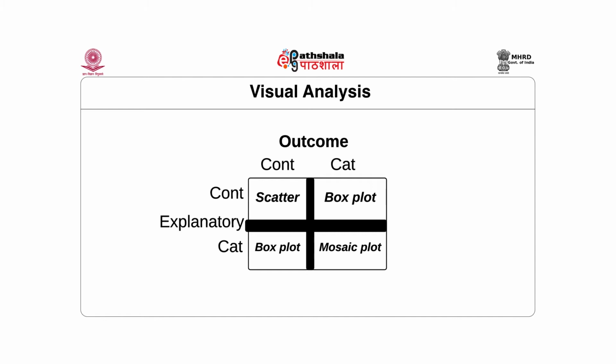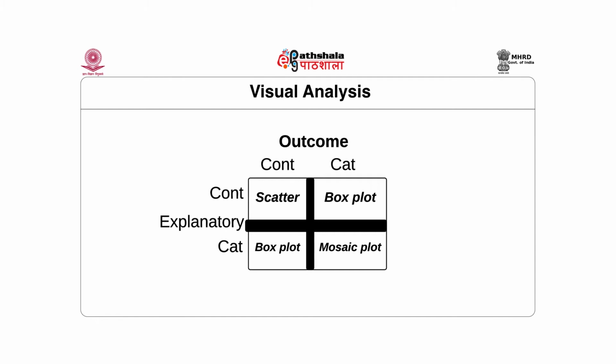It becomes a little bit more interesting if you have an outcome variable that is categorically measured and an explanatory variable that is also categorically measured. One of the ways in which you can do that is known as a mosaic plot, in which you have mosaics in the percentages of the different categories of the explanatory variable being presented in the various categories of the outcome variable.